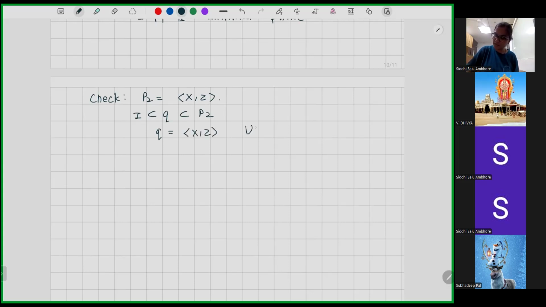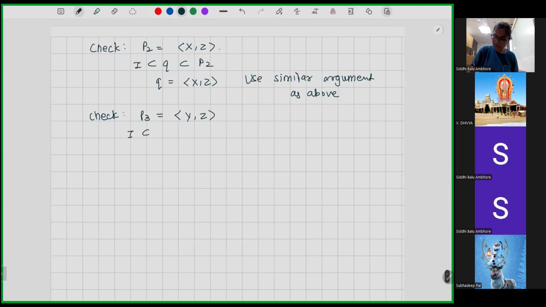Use a similar argument as above, and again we can check P3 to be (y, z), and again start with this, and you will again end up getting that Q is in fact (y, z).